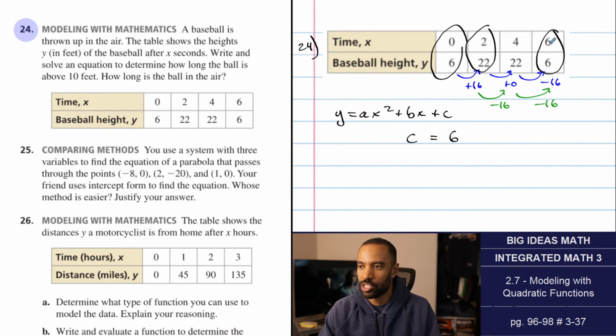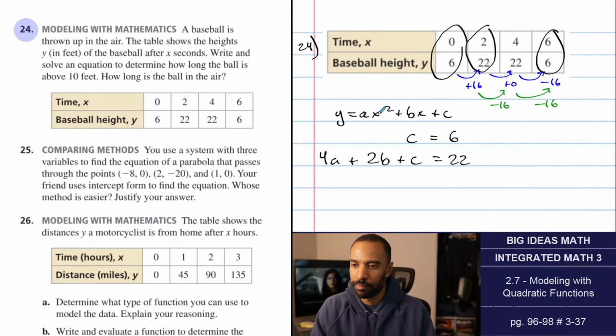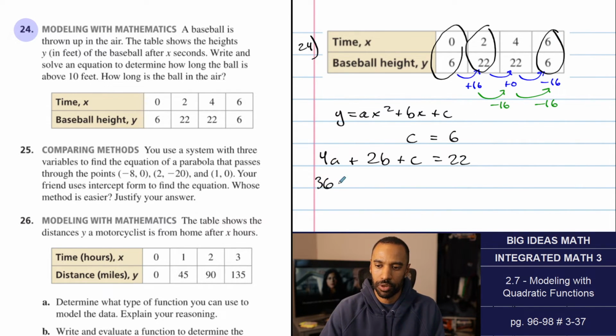The second equation, let's do this 2's. 2 squared, 4a, plus b times 2, 2b, plus c, which we know is 6 now, equals 22. And now plug 6 into here. 6 squared is 36, so 36a plus 6b plus c equals also 6.